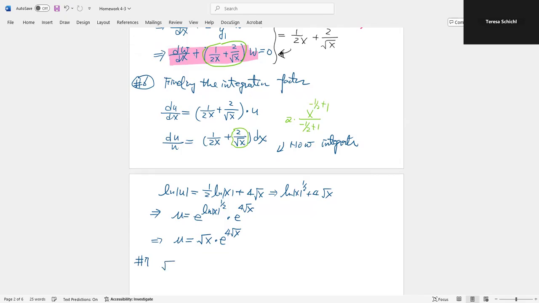So this will be times u, the square root of x e to the 4 square roots of x, then dw dx, and then plus square root of x e to the 4 square roots of x, times 1 over 2x plus 2 over square root of x, w equal to 0.